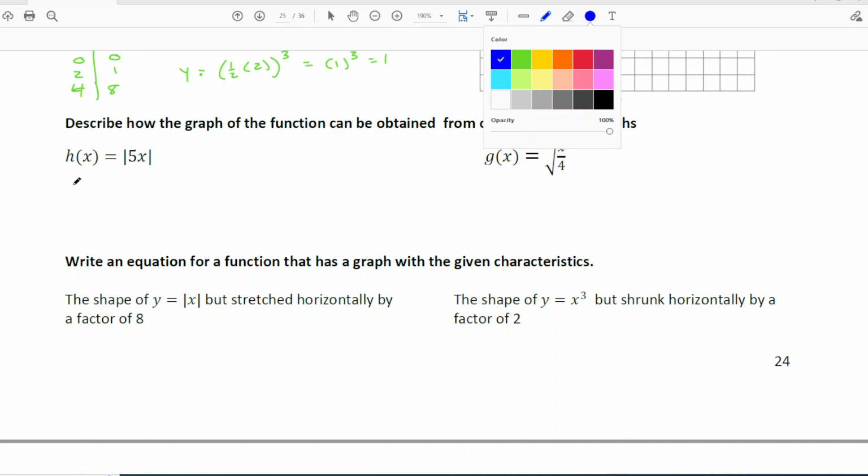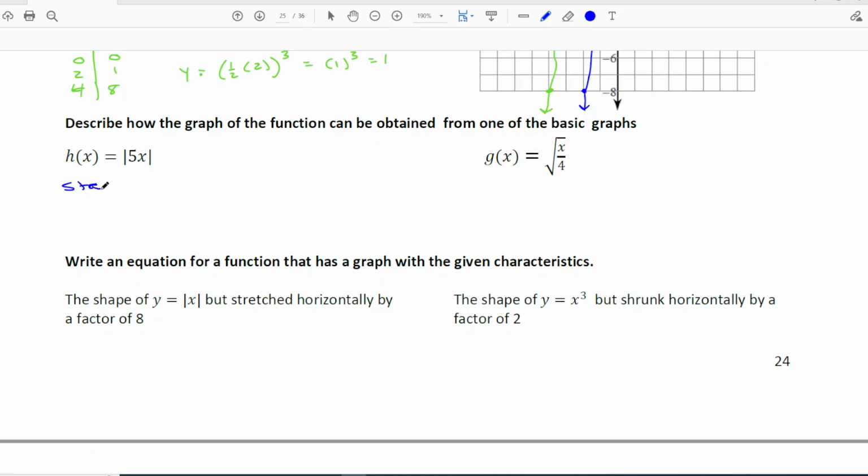Okay, so for this one, what are we going to start with? Well, we're going to start with y is equal to the absolute value of x. And then what are we calling this? Is it a stretch or a shrink? Hopefully you're all saying shrink.